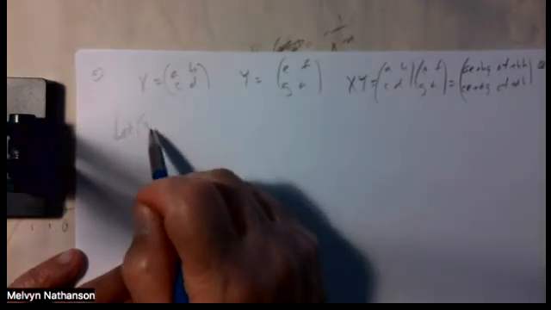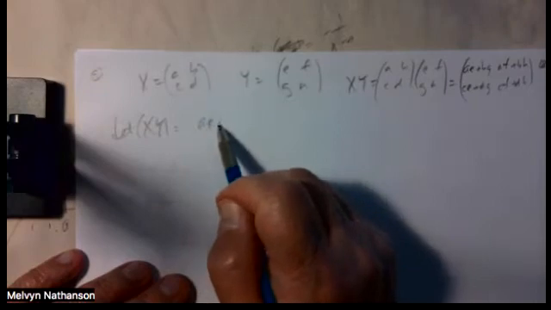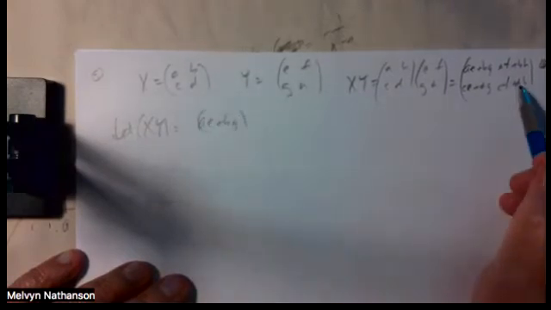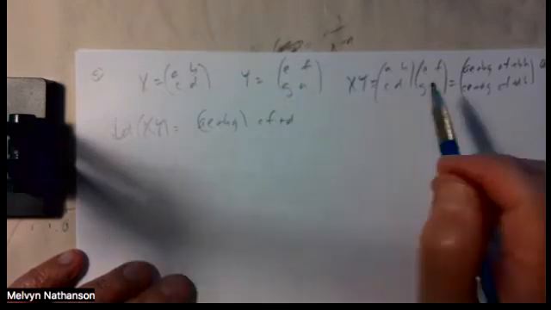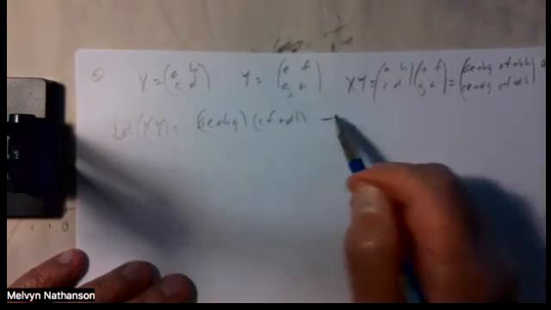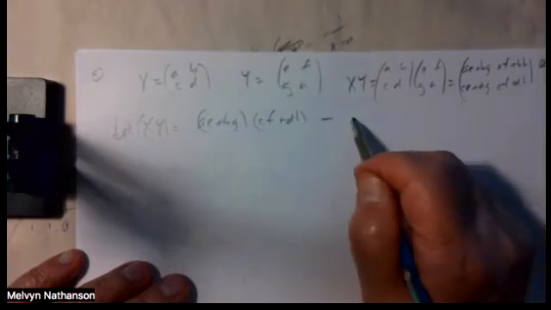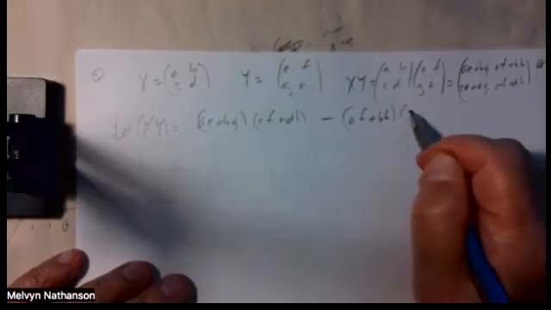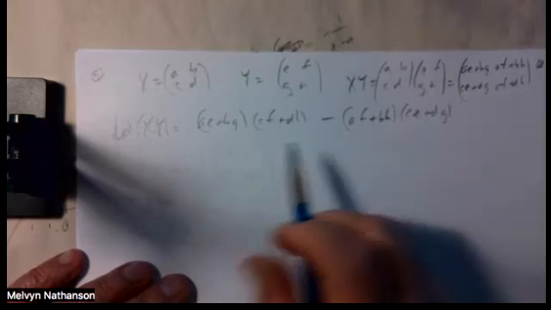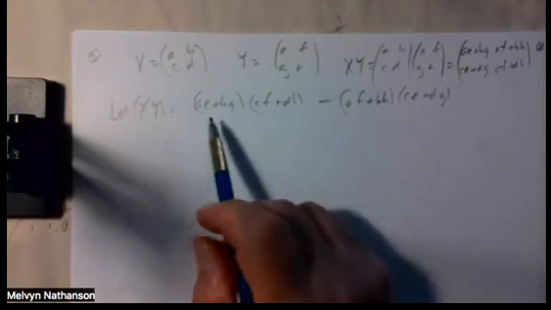So the determinant of the matrix XY, it's this times this, AE plus BG times CF plus DH, minus this times this, which is AF plus BH times CE plus DG. So now it's just a calculation.